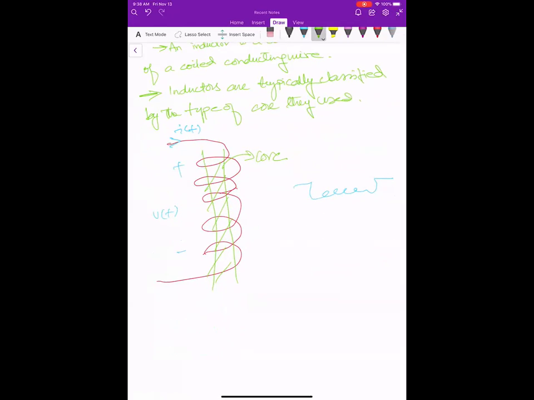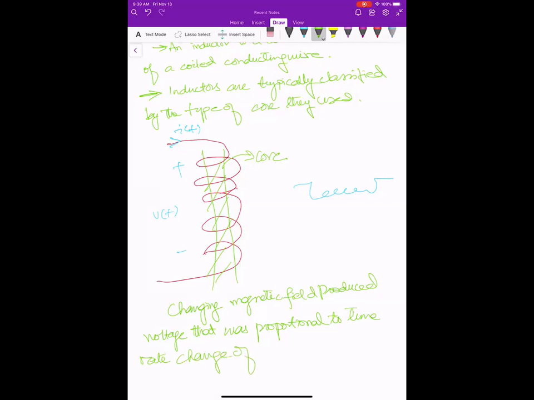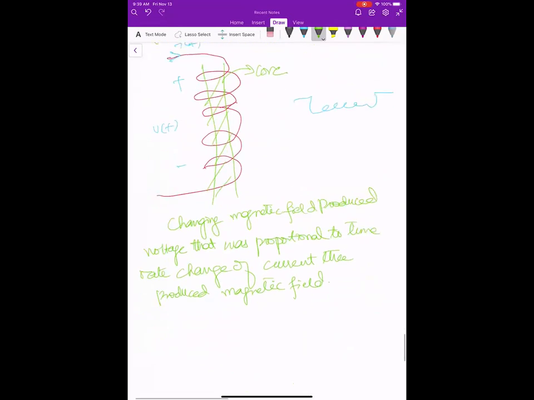So what I'm saying is that a changing magnetic field produces a voltage that is proportional to the time rate of change of the current that produces the magnetic field.